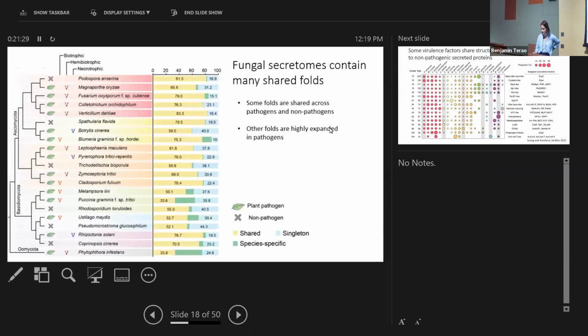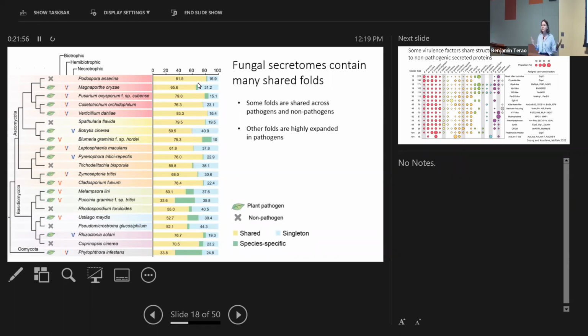So the result was that indeed, if we took all of these structures, and that's about 22,000 predicted structures across all of these phytopathogens and their relatives, first, we saw slightly variable success rates in how good the programs were able to predict the secretomes.